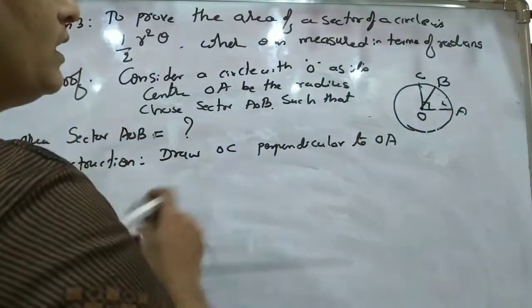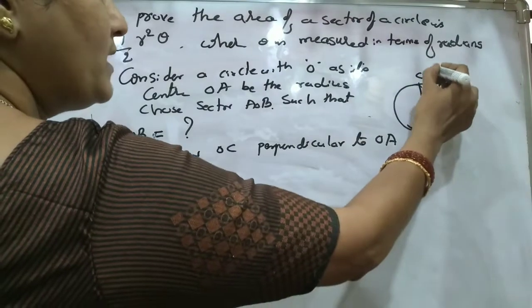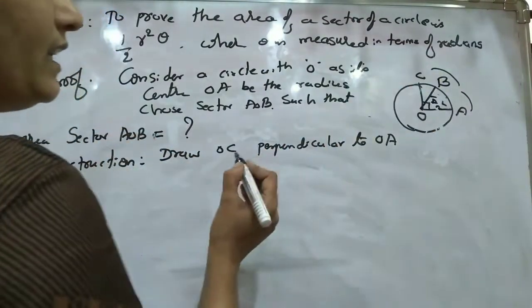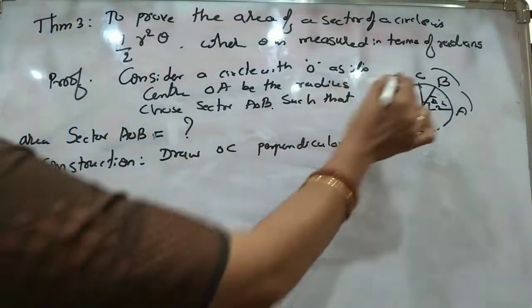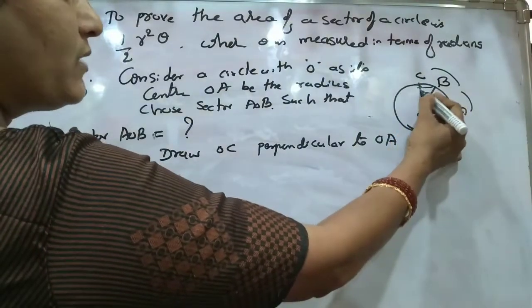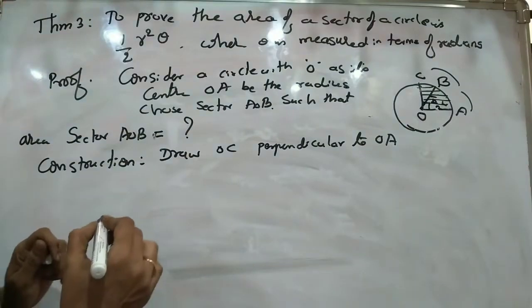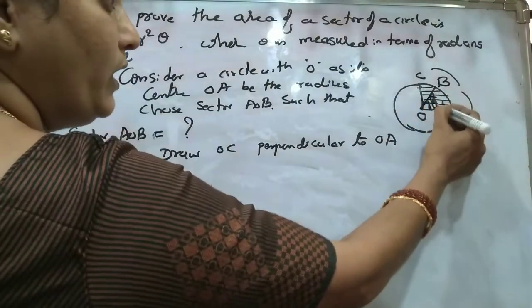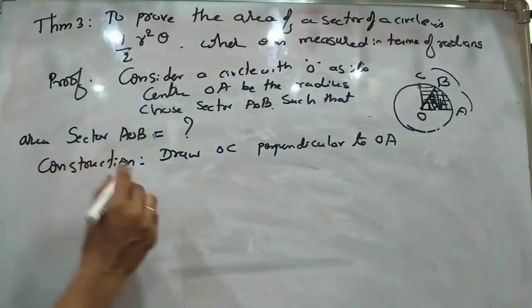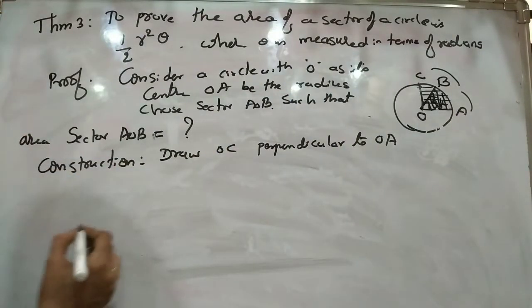Pi by 2. And what is this arc AC? Arc AC is just 1/4 of the circumference of the circle, and as far as the area is concerned, it is 1/4 of the area of that circle, and this part we want. Draw OC perpendicular to OA.